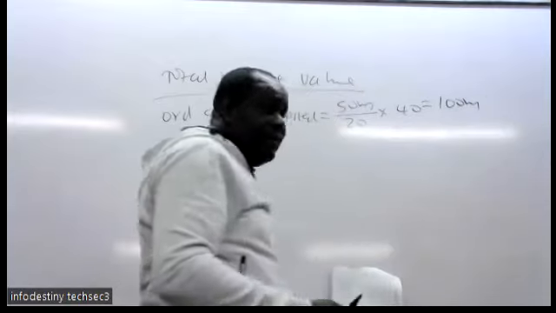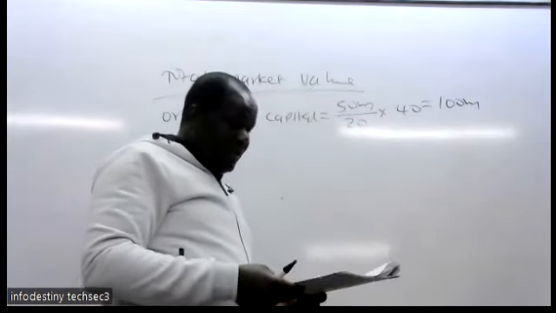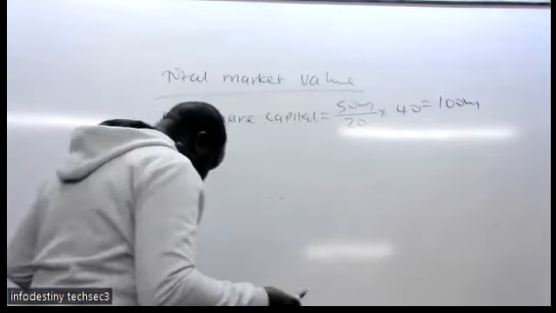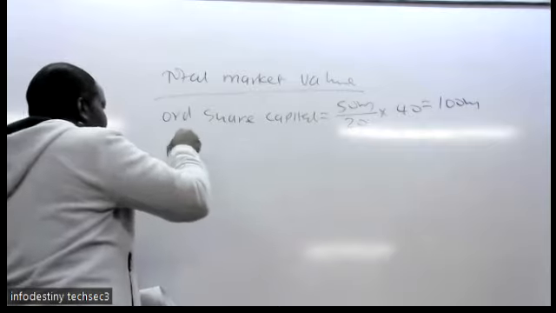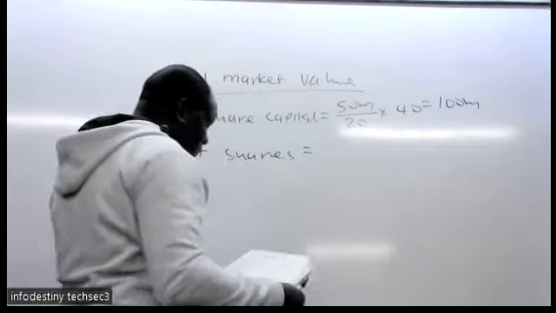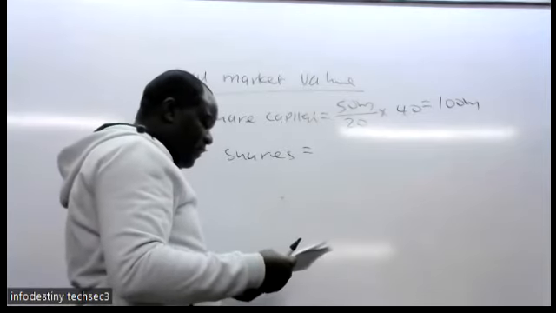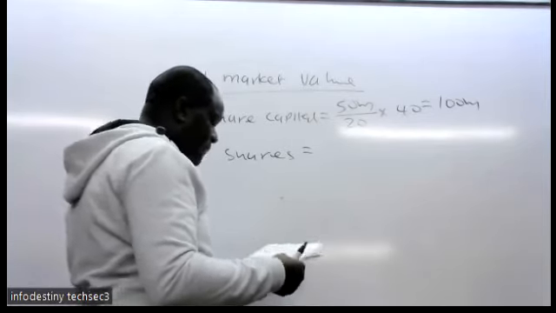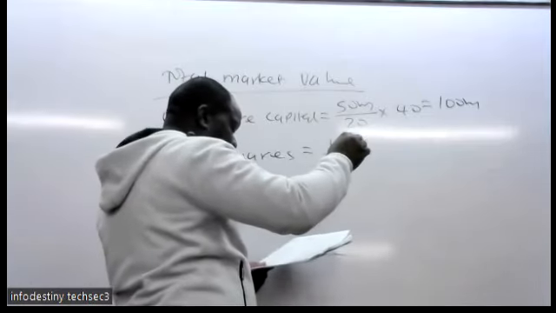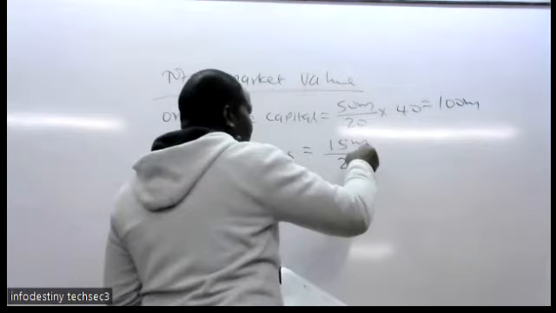Apart from the ordinary share capital, the next one is the preference shares. For the preference shares, it is 15 million divided by the par value, which is 25.